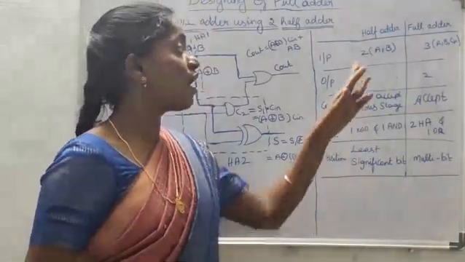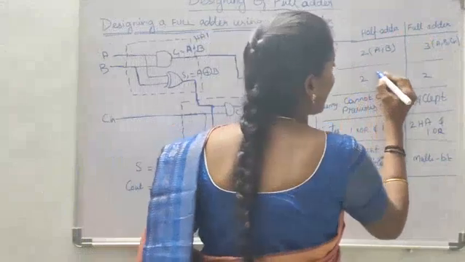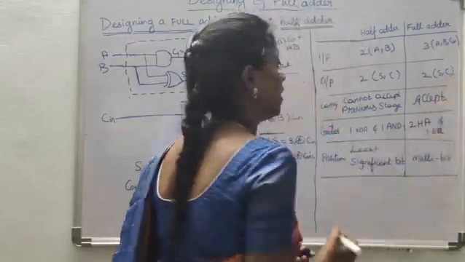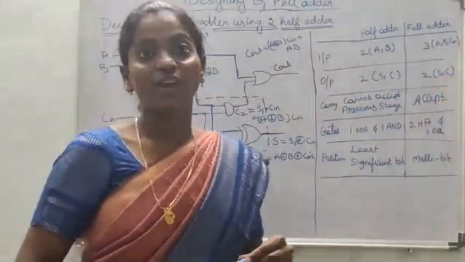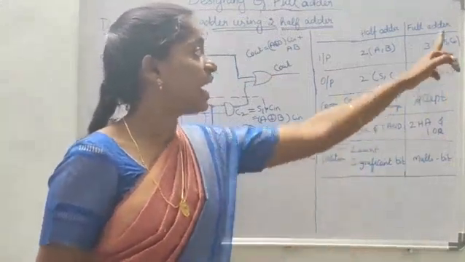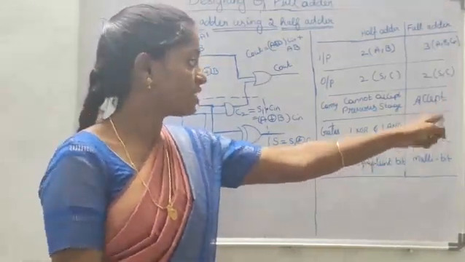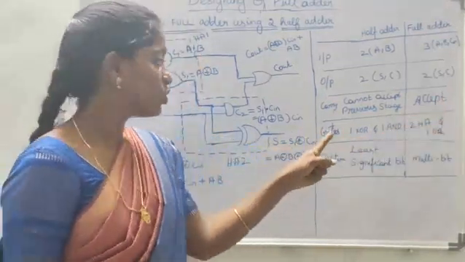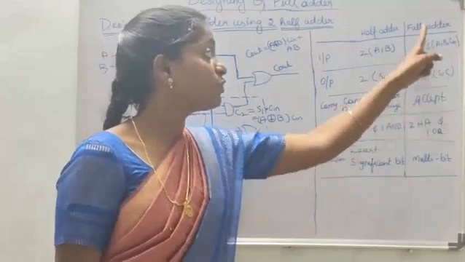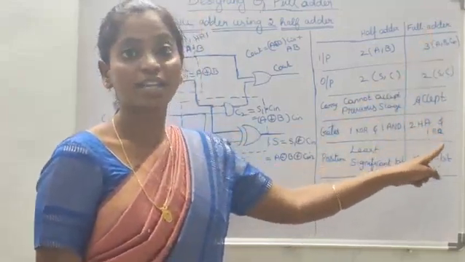Half adder and full adder both produce 2 outputs, sum and carry. A half adder cannot accept a carry from a previous stage, but a full adder accepts the carry from a previous stage. A half adder uses only 1 XOR gate and 1 AND gate, but a full adder uses 2 half adders and 1 OR gate.